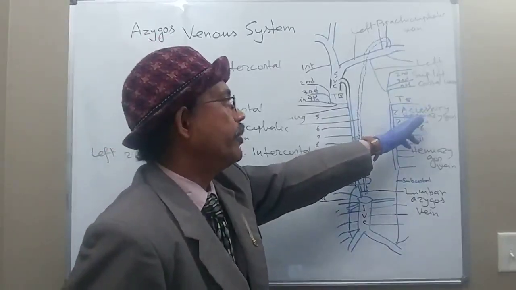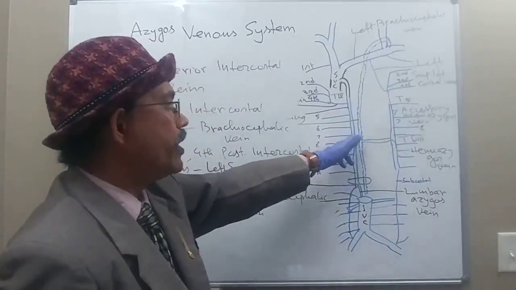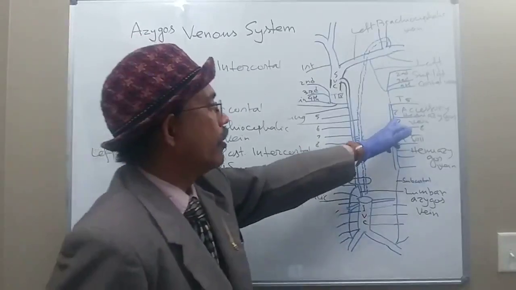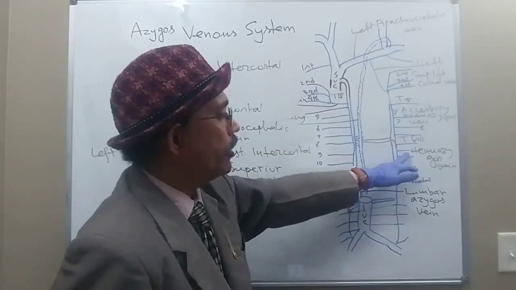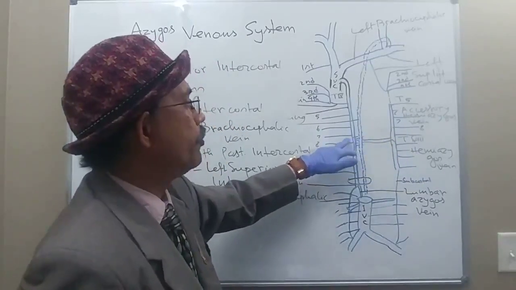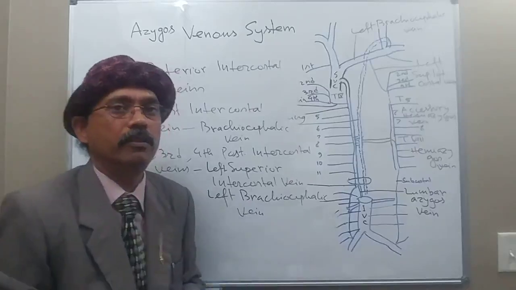So the accessory hemiazygos vein may open independently into the azygos vein, or join with the hemiazygos vein, and we may have one common channel that opens into the azygos vein.